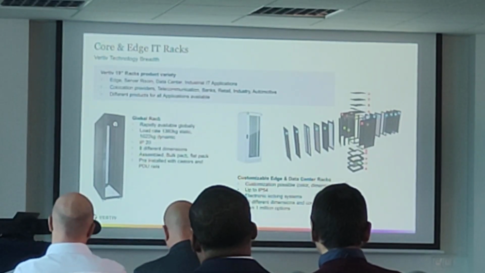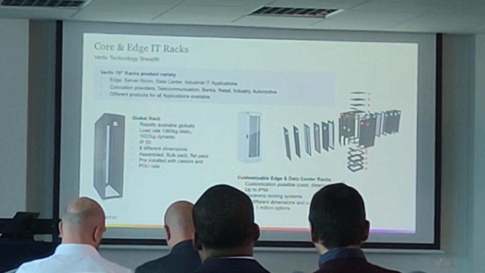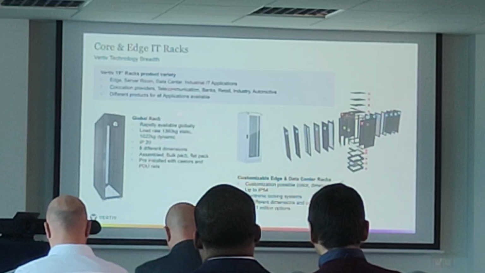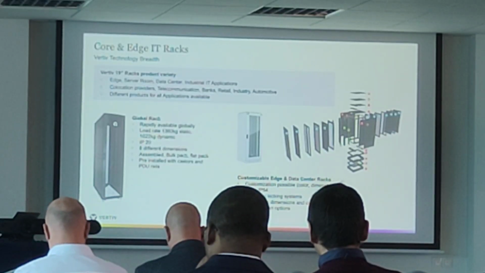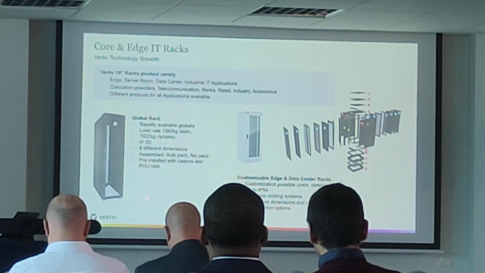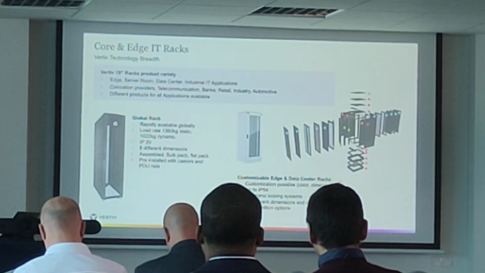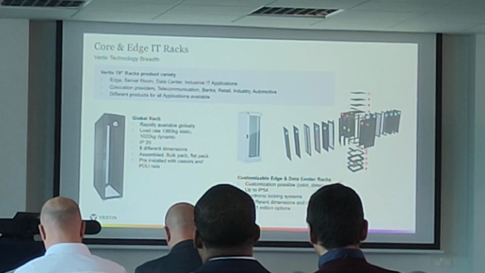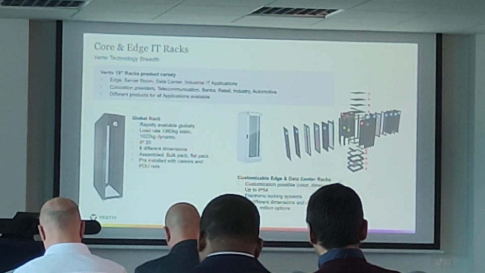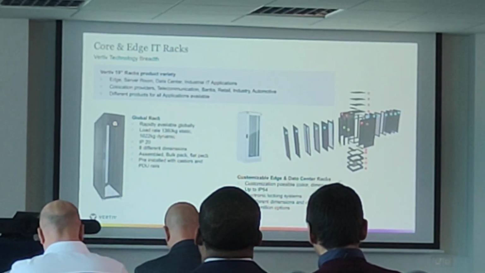So talking about racks, what I think is important and I want to emphasize, generally speaking, there are two types of racks. The global racks, which are kind of standardized, and the most important thing about these racks is that they are continuously available, and they are kind of cheap.